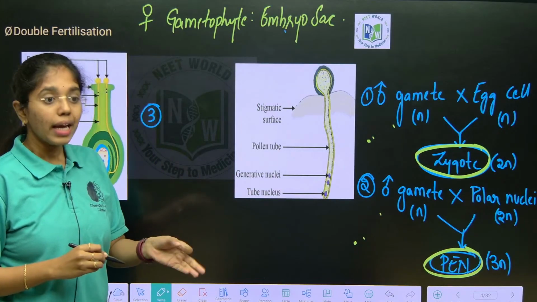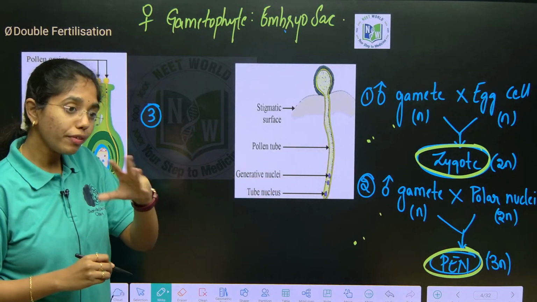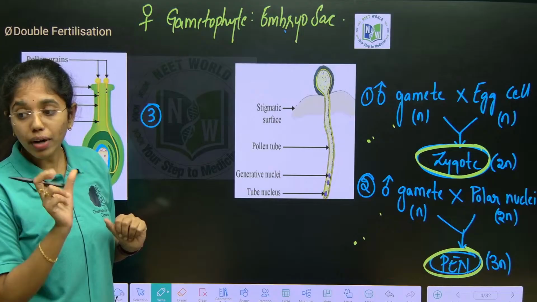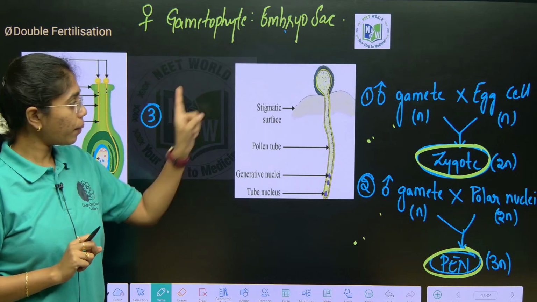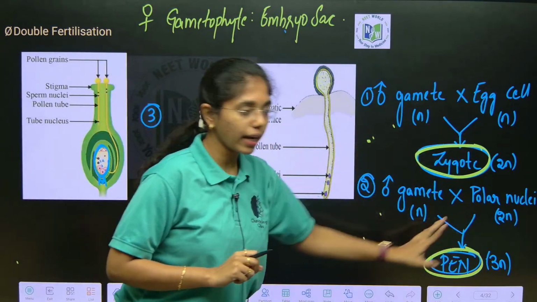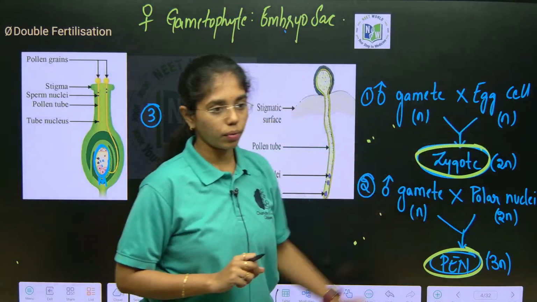If the question is how many nuclei are involved in double fertilization, your answer should be 5, because it did not mention the embryo sac, no? Understood? Yes or no? In double fertilization, a total of 5 nuclei are involved. From the embryo sac, 3 nuclei are involved.